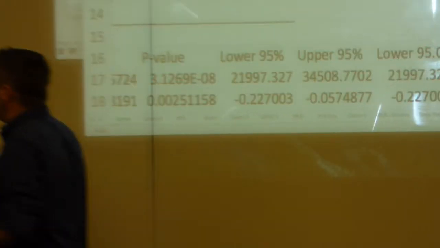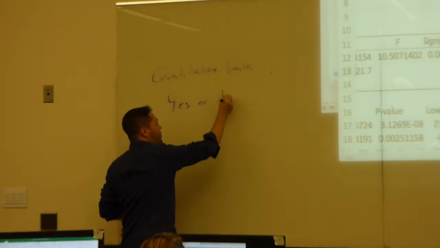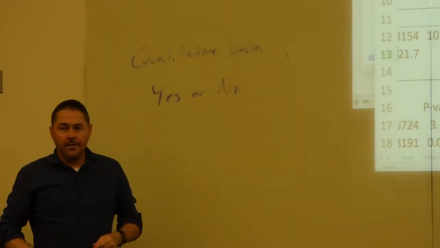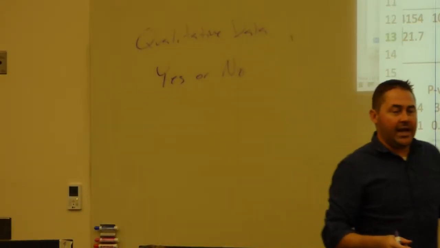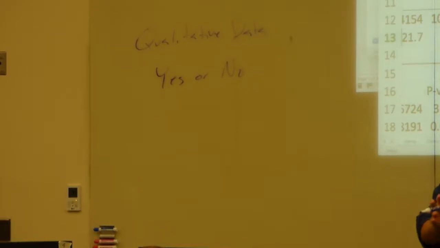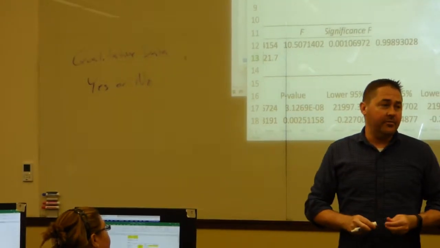Okay? So let's say we have a question that is yes or no. In order to take a yes or no, we need to create what's called, and this is the official term, dummy variables.